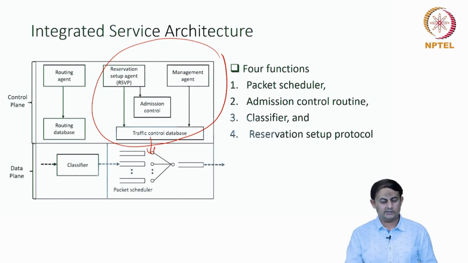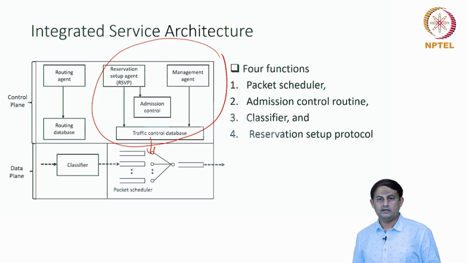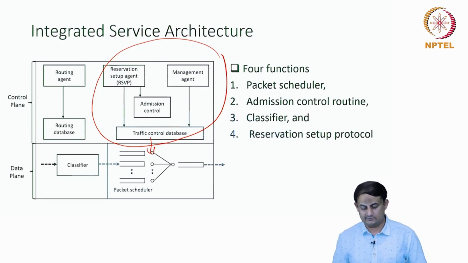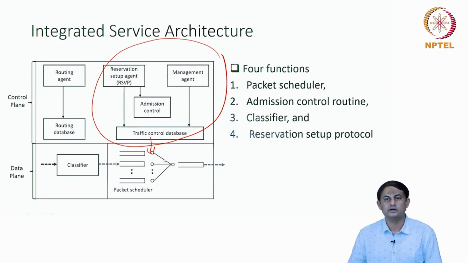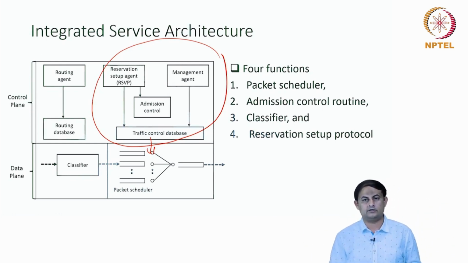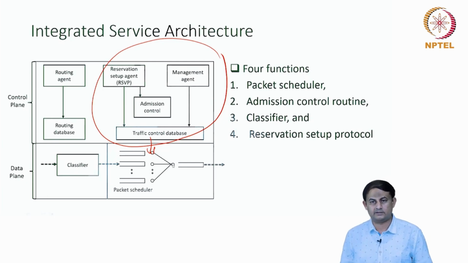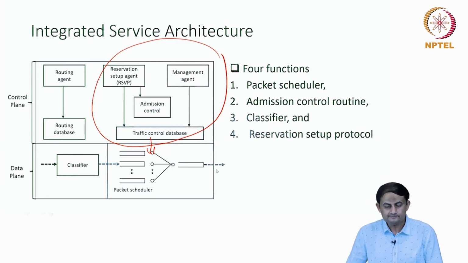So taking reference from that traffic control database, the scheduler can pick up the packets from different queues in a certain order to meet the quality of service requirements of different applications. So that is all there inside the router when you go with the integrated service architecture.